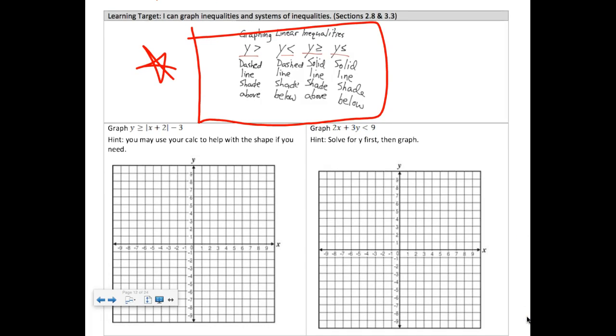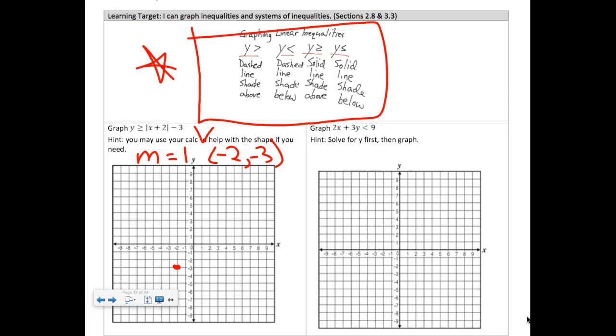Okay. All right. So if we remember these, so again, this one, I have absolute value signs, so I know it's going to form a V. Okay. I see my slope is really a 1 out in front here. And then our vertex is going to be -2, -3. So we're going to graph it like we did before. So I'm going to have a dot here at -2, -3.